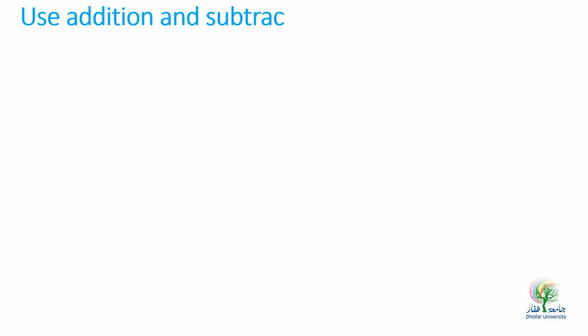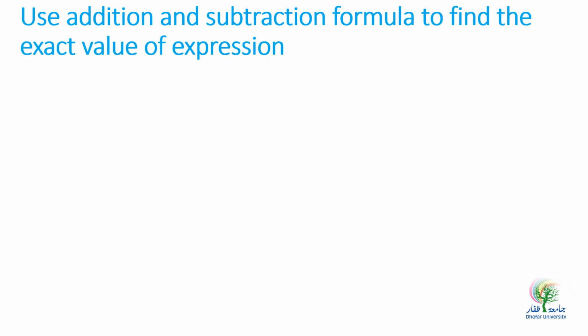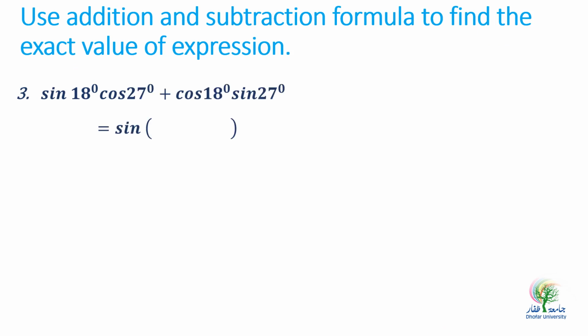Next question, use the same addition subtraction formula, but this time we have the other side. Question number 3, we have sine A cosine B plus cosine A sine B, where A is 18.